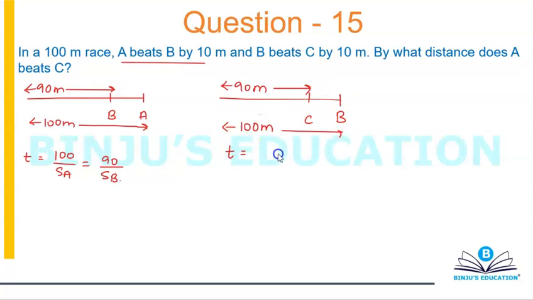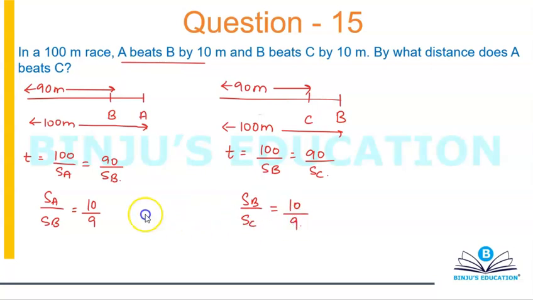So time taken will be equal to 100 divided by speed of B, which is equal to 90 divided by speed of C. From the first equation, I'll get speed of A divided by speed of B is equal to 10 by 9. From the second one, I will get speed of B divided by speed of C is also equal to 10 by 9. This is equation 1, this is equation 2.